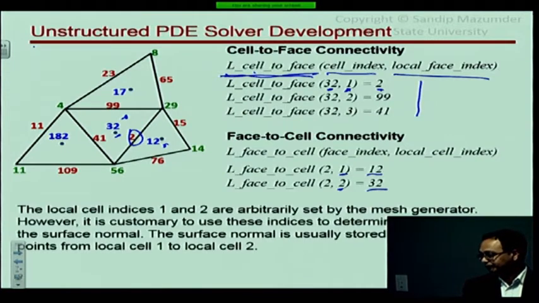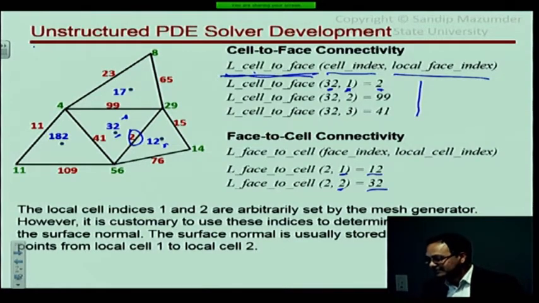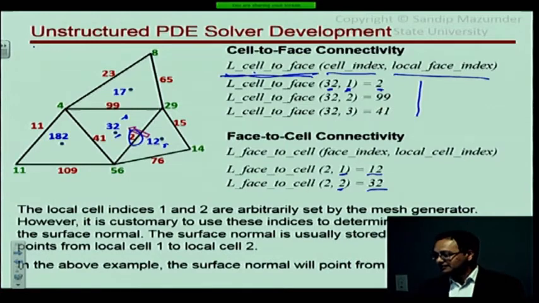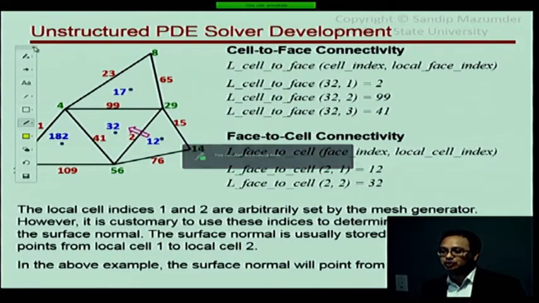Okay. So these local cell indices 1 and 2 are arbitrarily set by the mesh generator. However, it is customary to use these indices to determine the direction of the surface normal, and the surface normal is stored in a manner that it always goes from local cell 1 to local cell 2. Okay. So in this case, that pink arrow denotes the surface normal. That's how it's going to be stored.